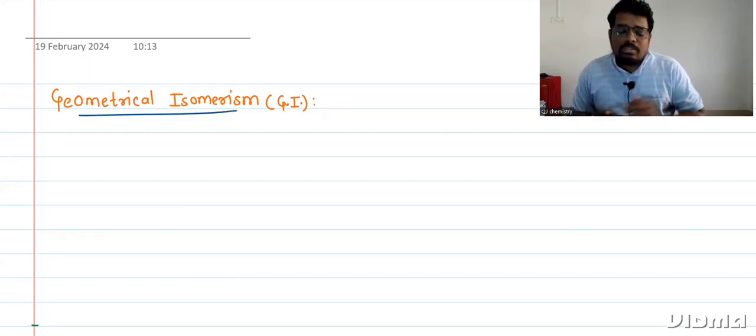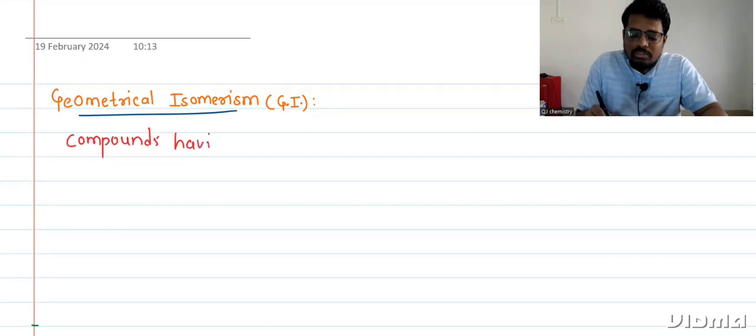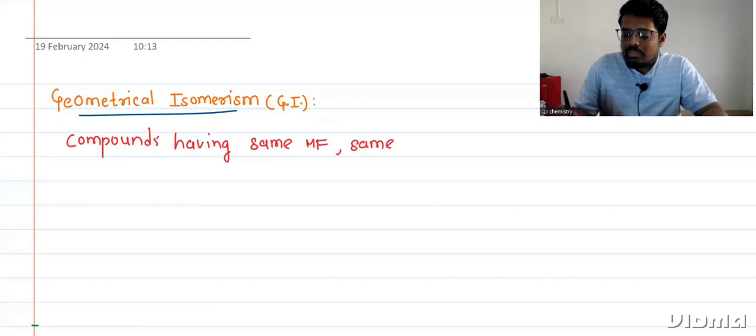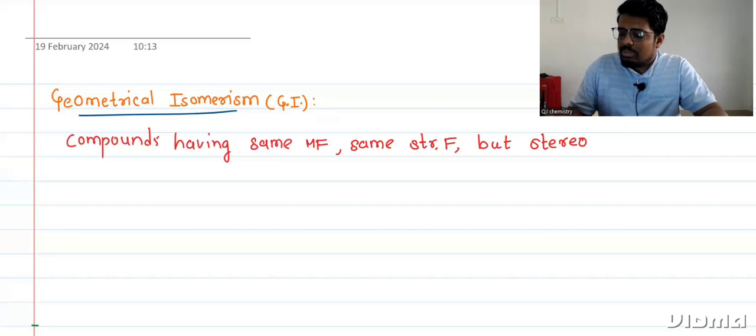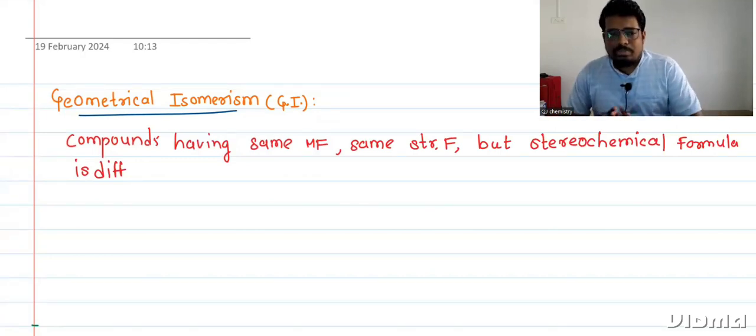Geometrical isomerism means compounds having the same molecular formula, the same structural formula, but a different stereochemical formula are called geometrical isomers.